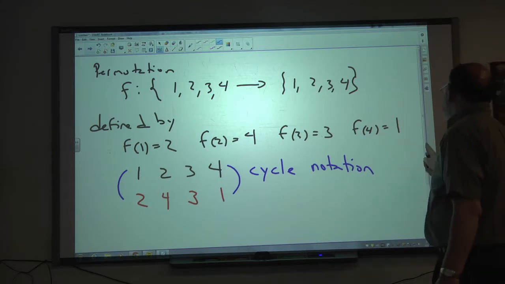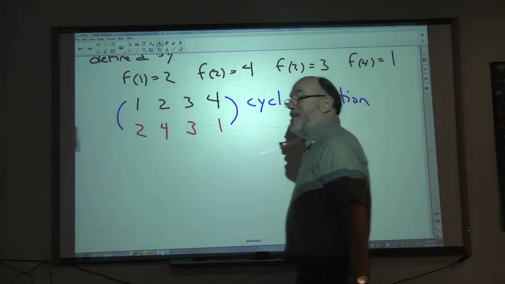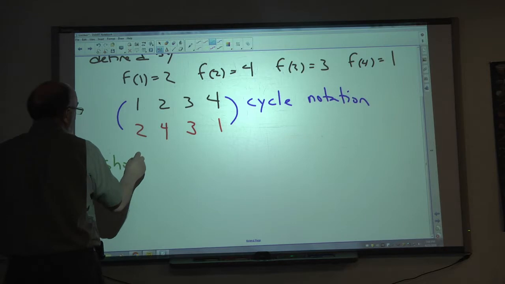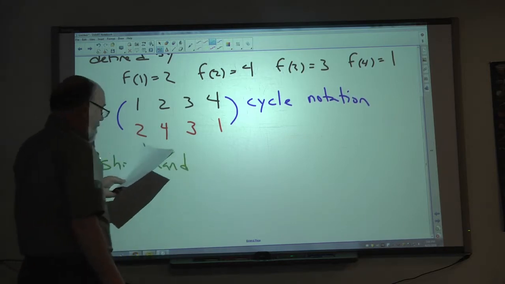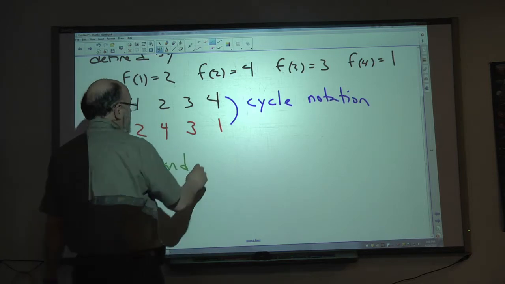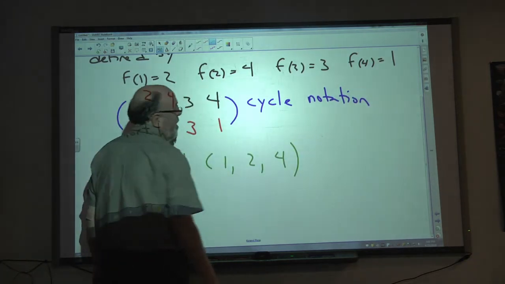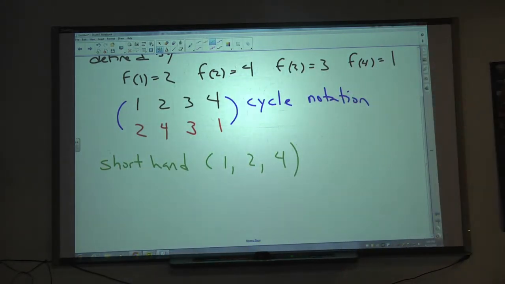And then in terms of this notation, we can also rewrite this in a shorthand notation.